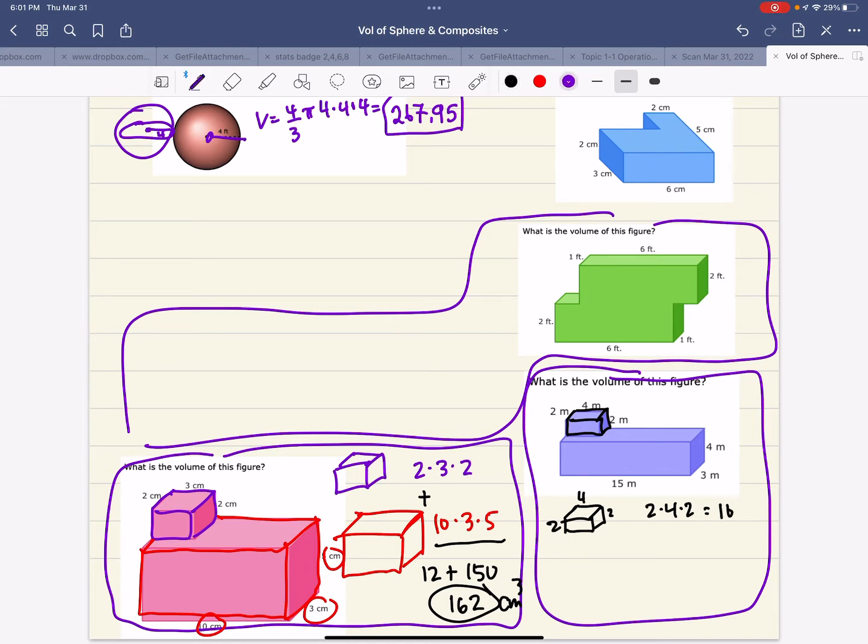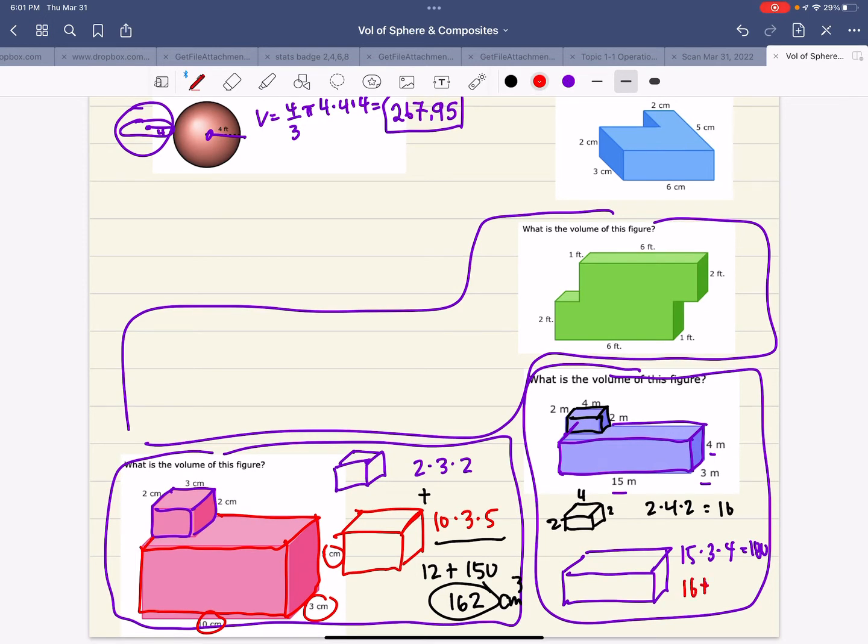And then I have this prism on the bottom, and that's 15 times 3 times 4, which gives us 180. How do I get my final answer? I have to add these together. The black prism and the purple prism added together would be 196 meters cubed.